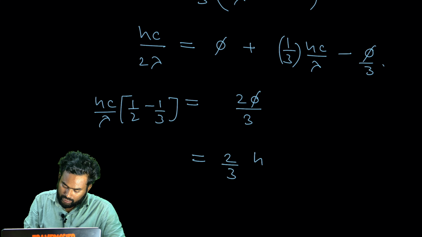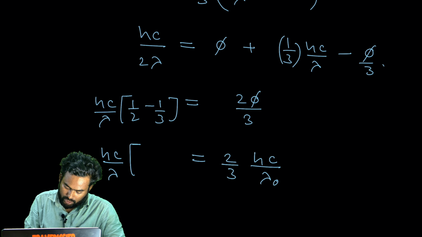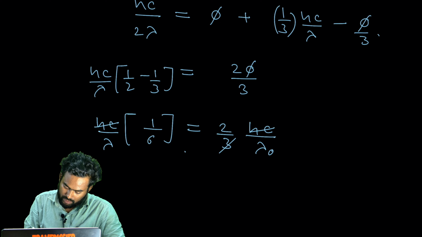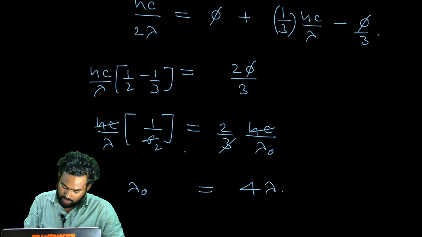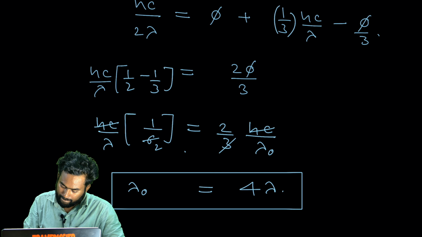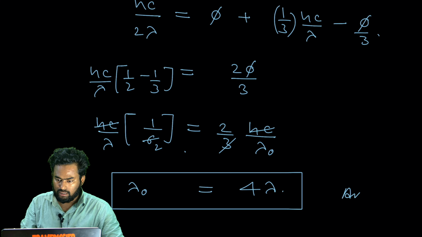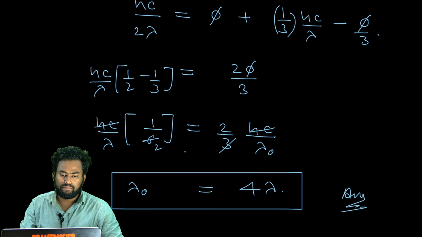Phi also I can write as hc by lambda naught, and that will be hc by lambda into (3 minus 2) by 6. hc cancels, so lambda naught will be how much? Take the reciprocal, it will become 4 times lambda. So this is the answer of this problem. Okay, is it also clear?